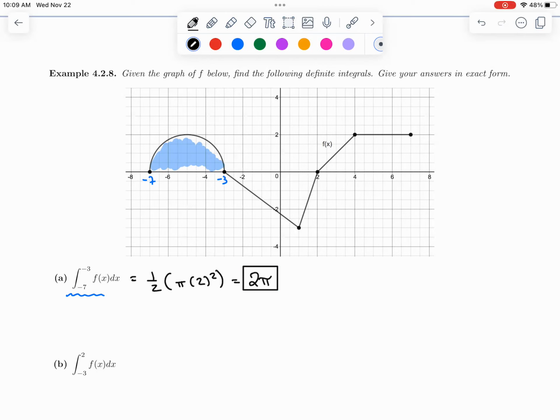Integral from -3 to 2. All right, I'm going to underline that in green. That's got to be this area, -3 to 2. Now, that's a triangle with base 5, right?